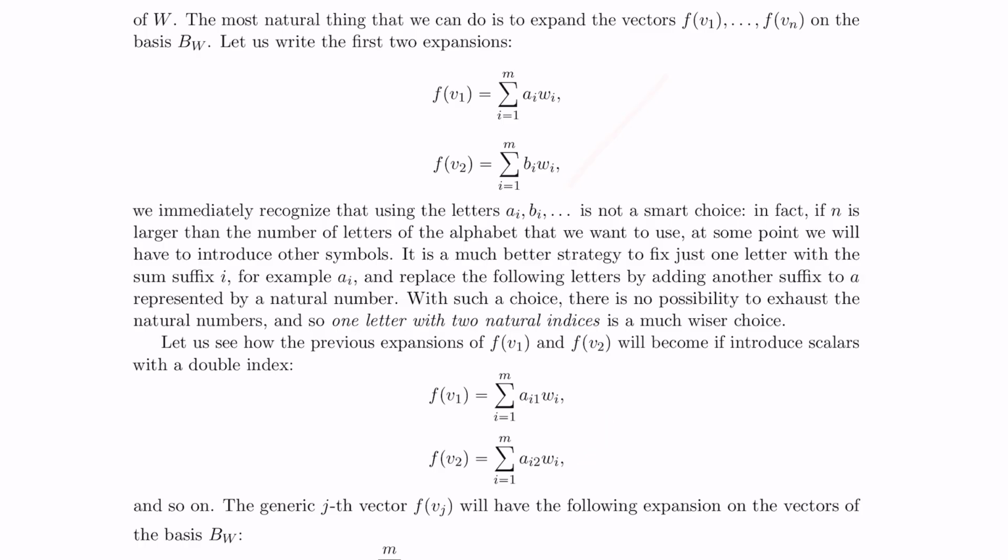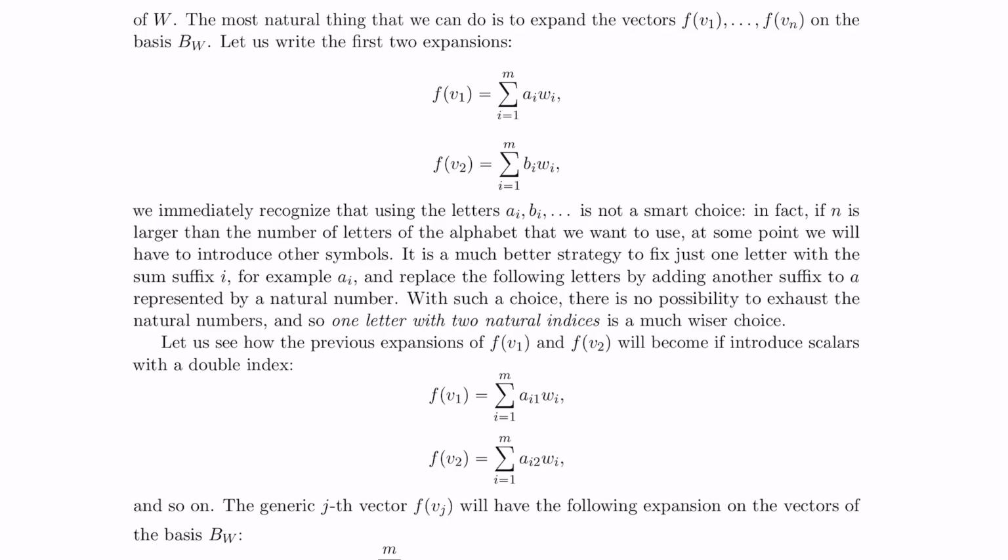In this notation here, 1 is associated with A and 2 is associated with B. Instead, in this notation here, 1 is associated with the second index 1 and 2 is associated to the second index 2. So this notation is much more coherent and it can never run out.